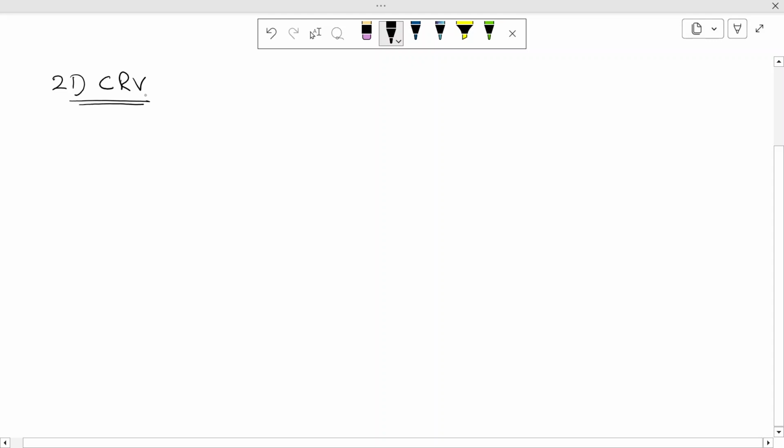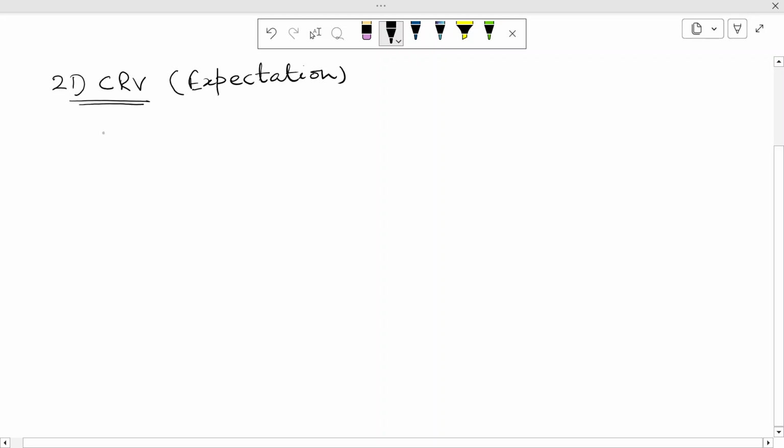This single problem will give you an idea of how we can handle different types of problems related to two-dimensional continuous random variables. In fact, we will particularly address the expectation of a two-dimensional continuous random variable.